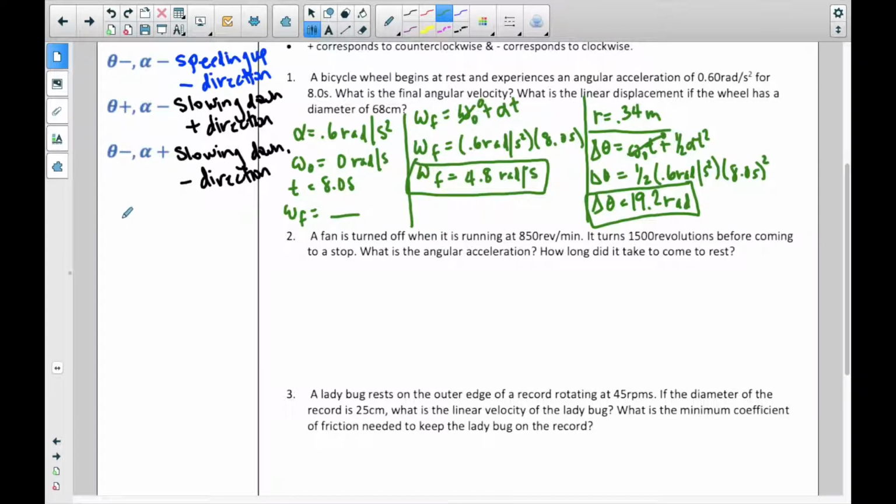And I don't think this formula is on the formula sheet, but it might be. But let's just go through how we derive it so that we can use it. If we think about a circle, a circle's circumference is 2 pi r. And so the circumference of this wheel is 2 pi r, or in other words, we could also call that pi times d.